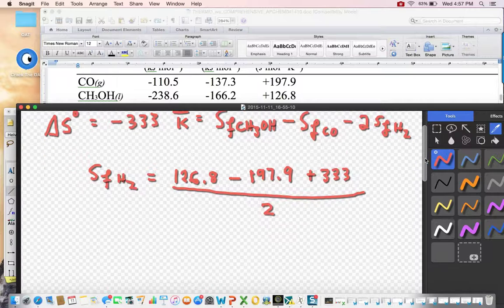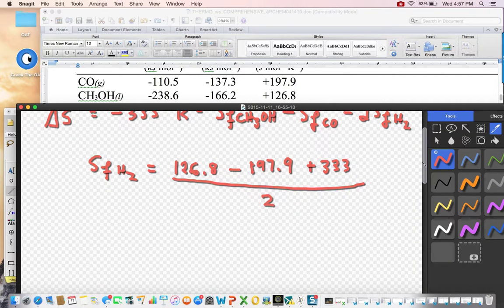So now it's just a plug and chug problem. 126.8 minus 197.9 plus 333 divided by 2 gives us a value of 130.95, which we can round to 131 joule per Kelvin, equals the molar S of formation of hydrogen gas.